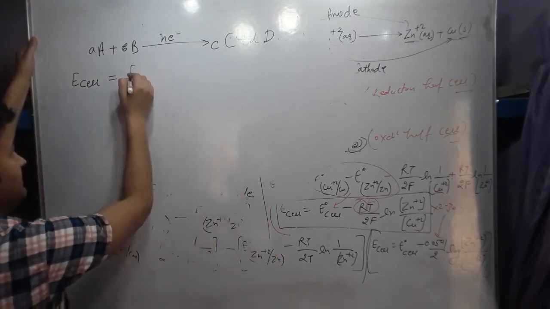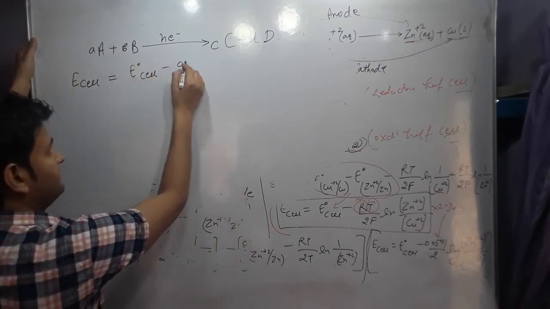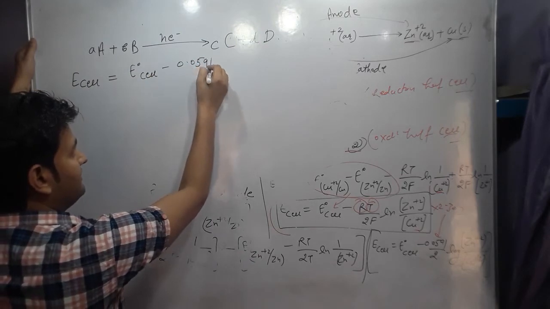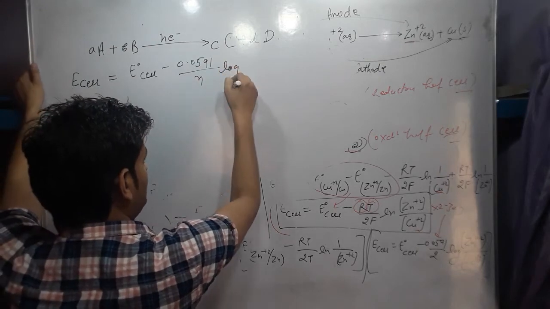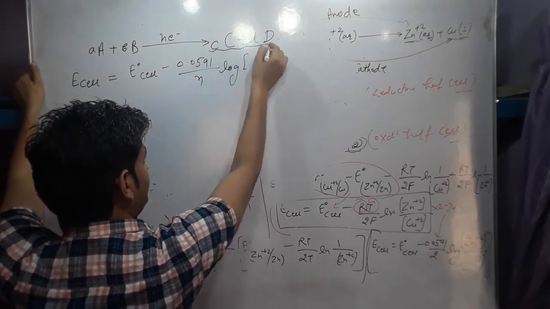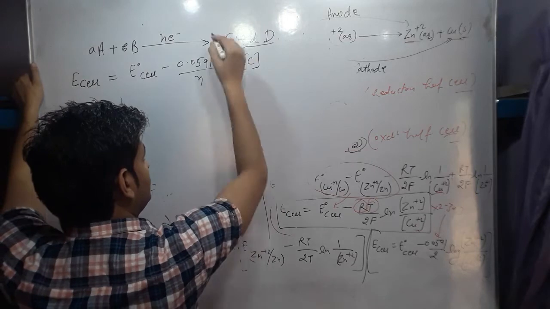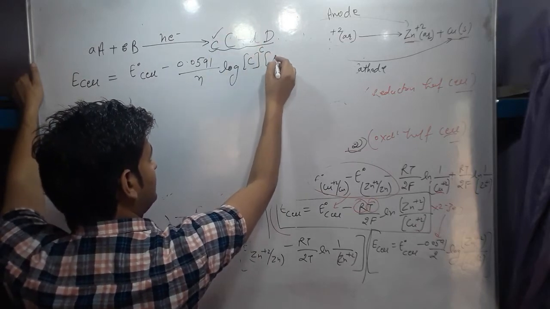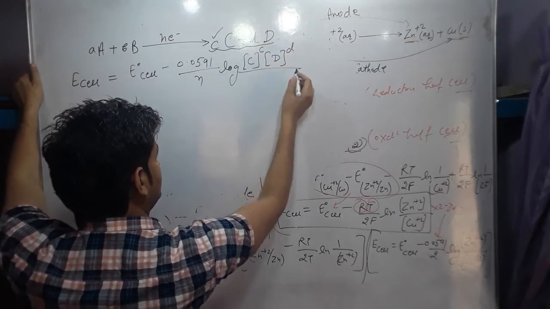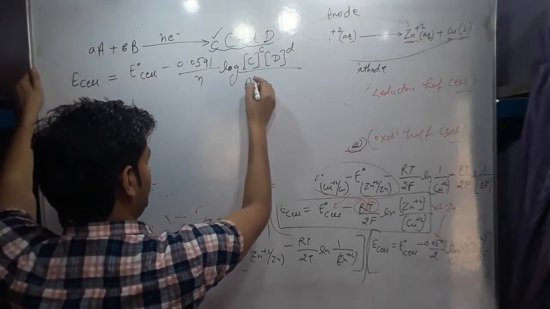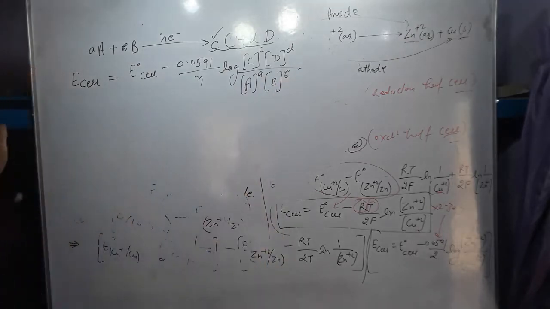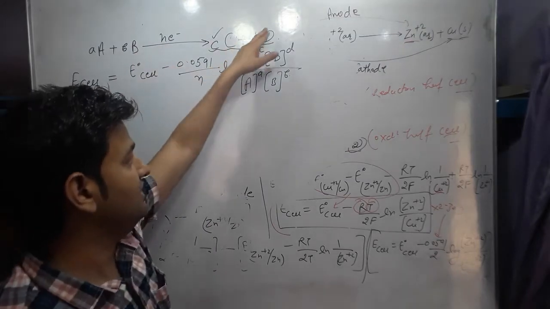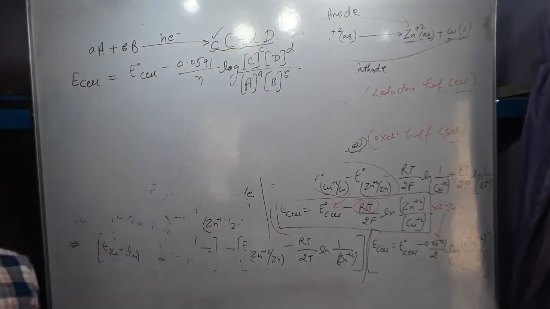It will be E naught of the cell minus 0.0591 over n, because n electrons are involved, into log of the concentration of the product side. The product side is C, stoichiometric coefficient small c, and D, stoichiometric coefficient small d, and we can write here A, stoichiometric coefficient a, and in the case of B it is b. So we can calculate the EMF of the cell for a general equation which is given in the questions.